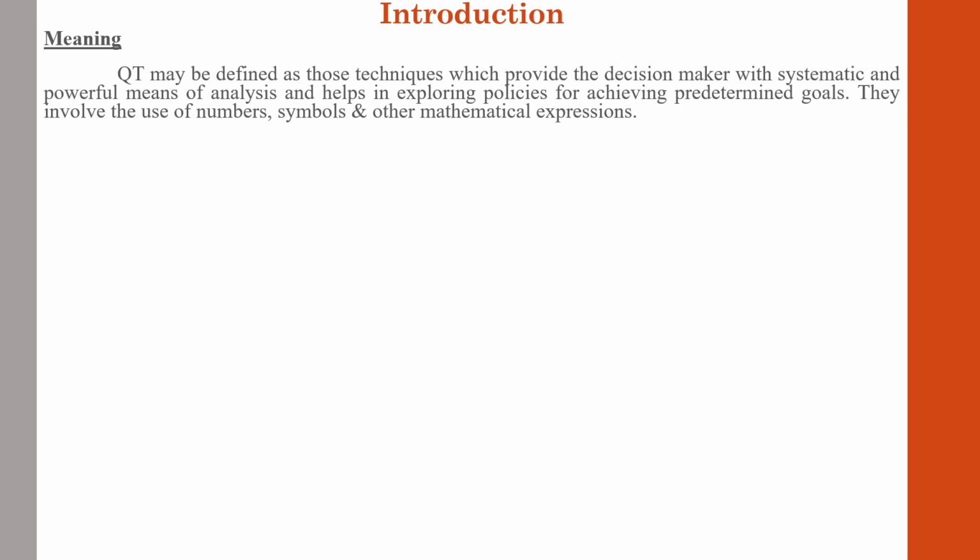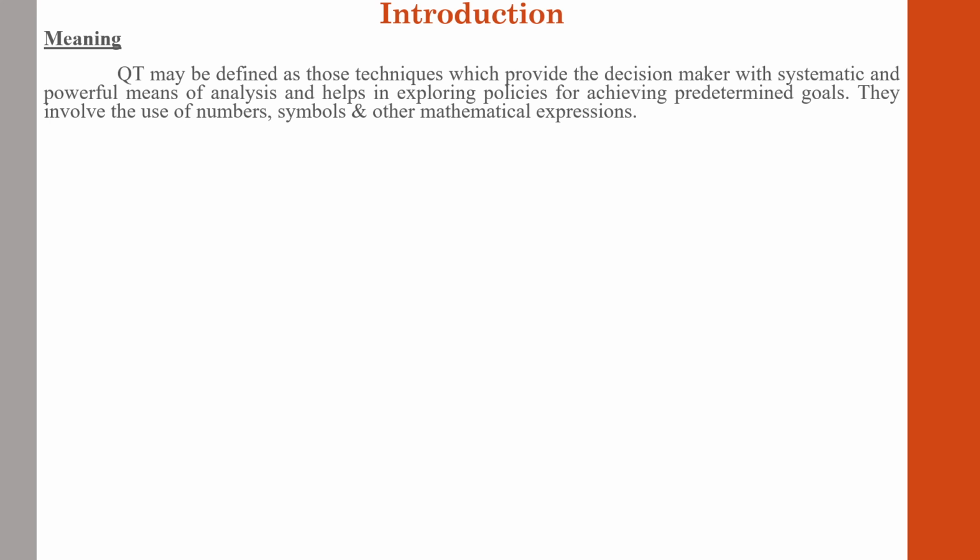And regarding QT, it may be defined as those techniques which provide the decision maker with a systematic and powerful means of analysis and help in exploring policies for achieving predetermined goals.